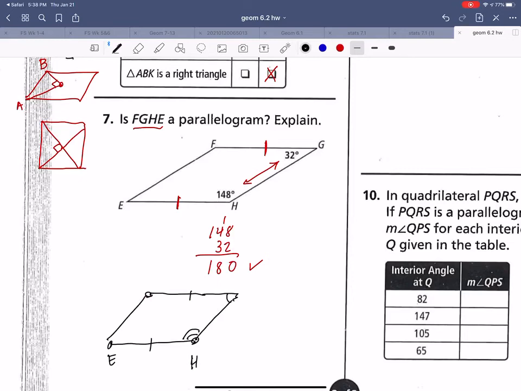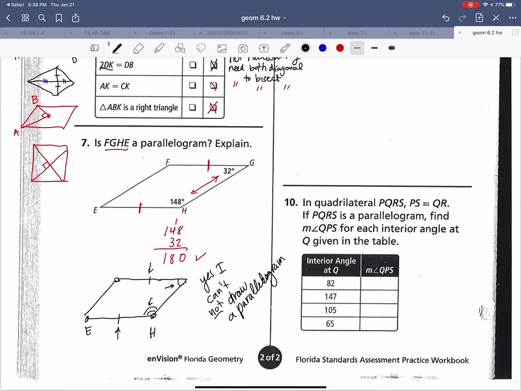So I'm going to put yes. I can't not draw a parallelogram. If these two angles are supplementary and these two lengths are the same, I'm forced to draw a parallelogram.